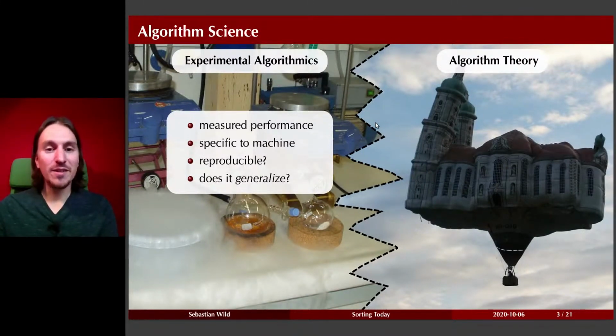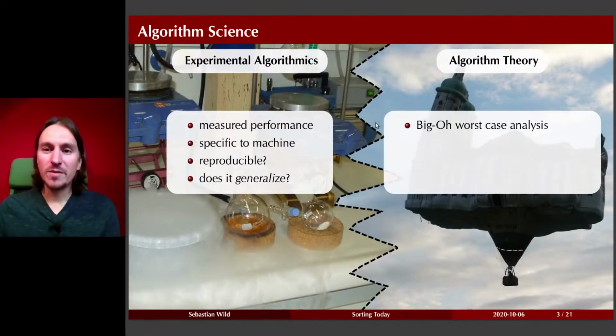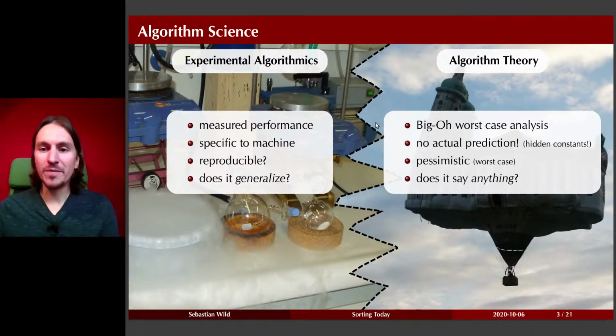They do experiments in the sense that they run the algorithm and measure how long it took, or how much space it took, or other resources that it took. The questions here are sometimes whether things generalize from the one specific scenario to other scenarios, other input sizes, other machines.